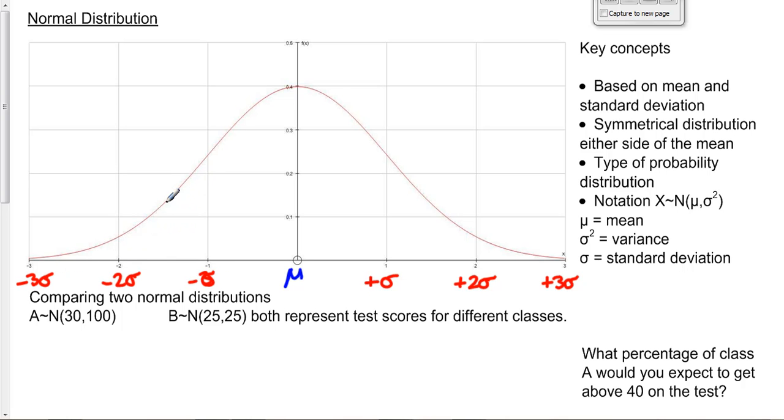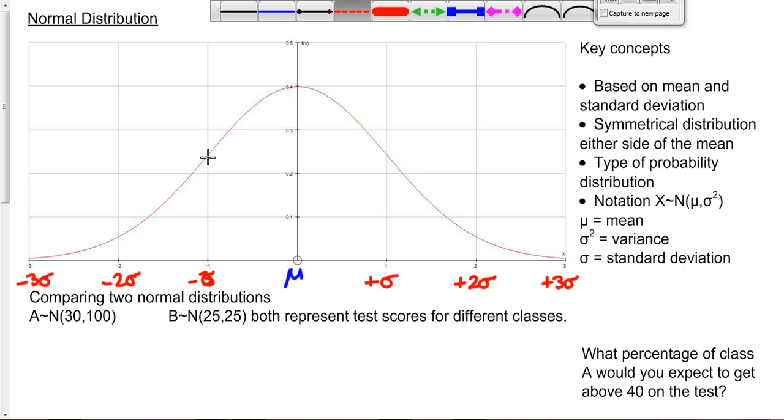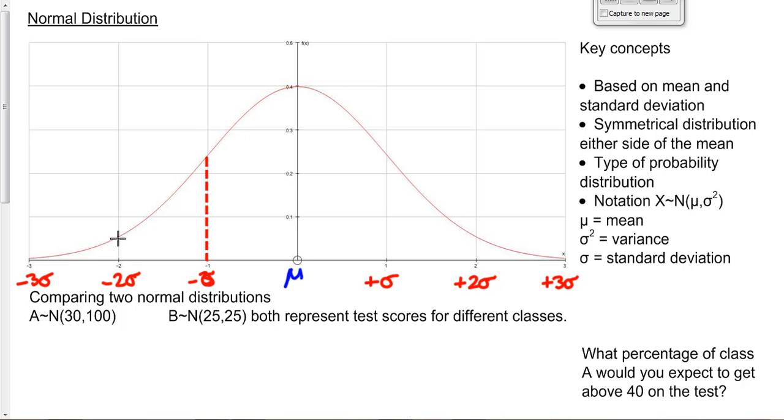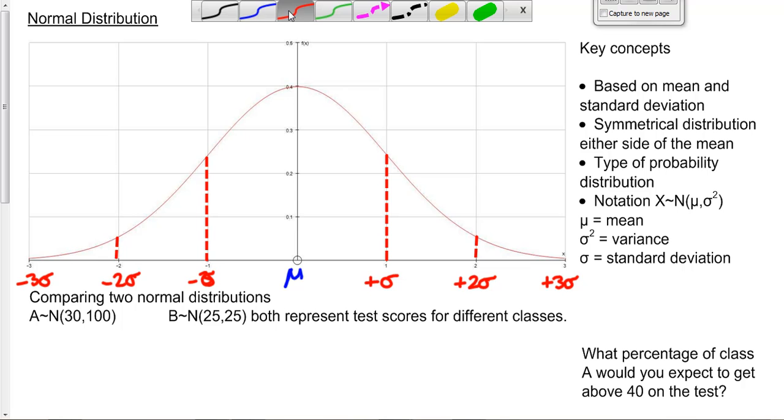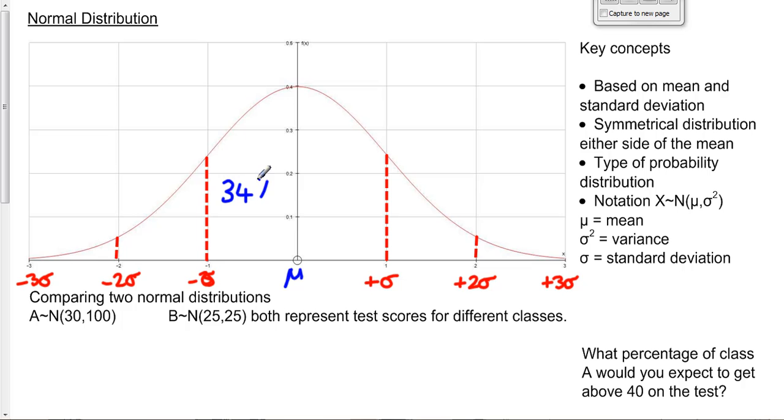Now you'll be required to understand the amount of data that's expected to be between these limits. So if we just take these sections here, between 1, 2 and 3 standard deviations above and below, then you'd be required to understand that this section here contains around about 34% of the data. To be exact, it's 34.1, but for GCSE stats questions in particular, it's rounded to a more convenient figure.